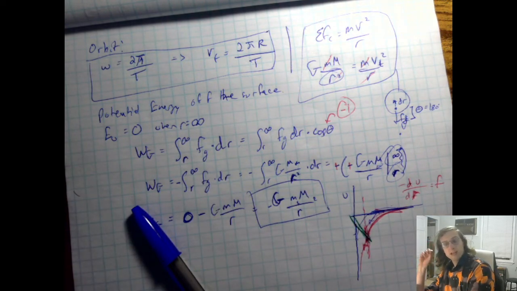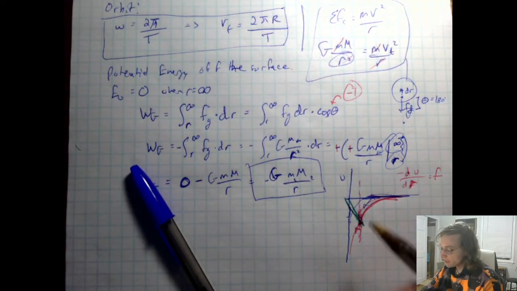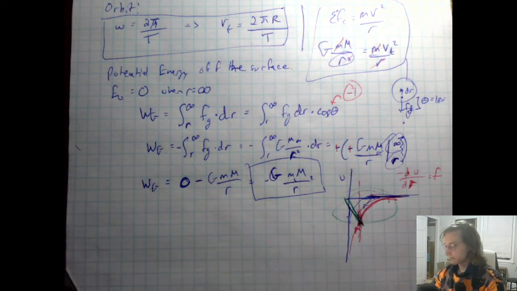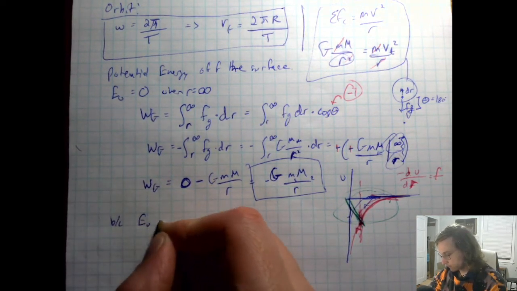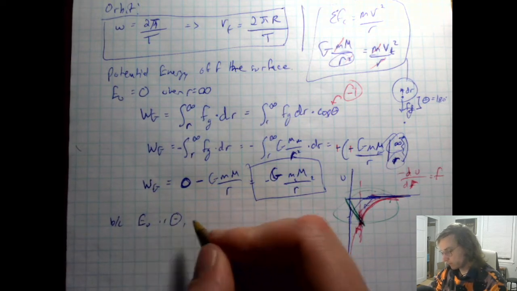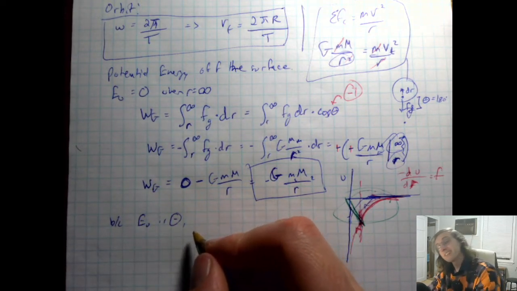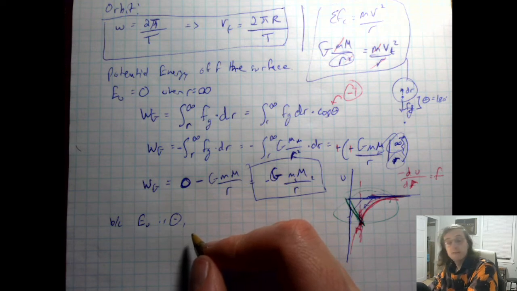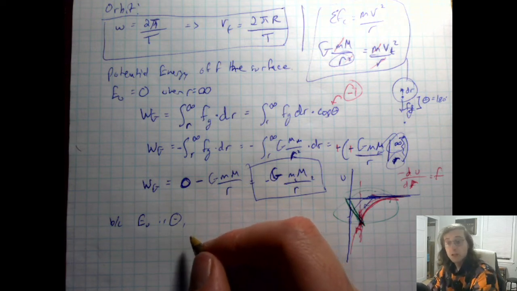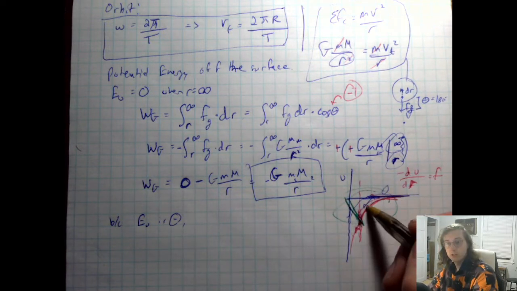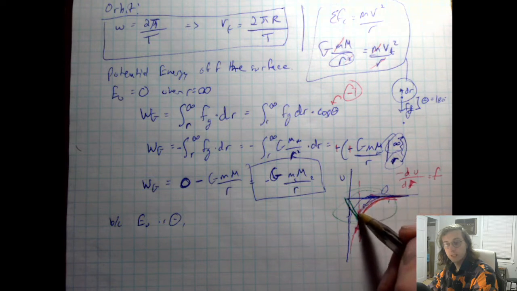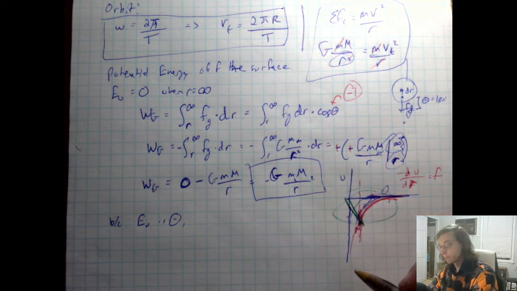Let's go with that concept of escape. Because my potential energy is negative, in order for us to leave, we need to have enough mechanical energy that we'll be able to get infinitely far away without reaching up to part of this hill, stopping, and getting pulled back down and in.